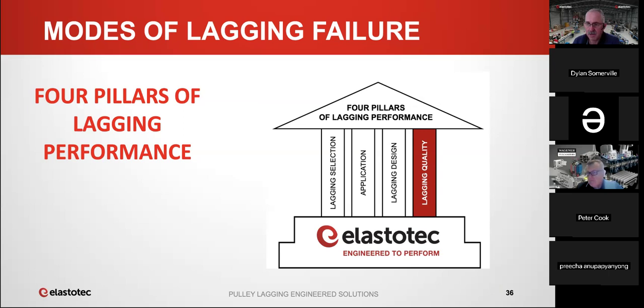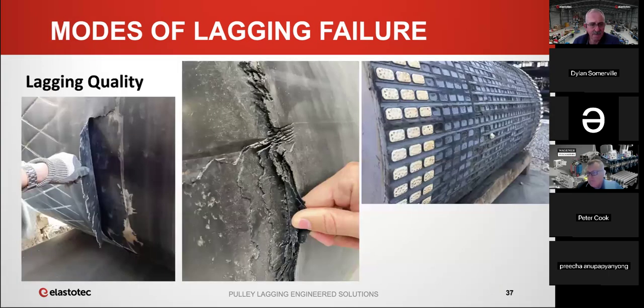I just want to have a look at two examples of poor quality. So the photo on the left and the photo on the right, this is hot vulcanized rubber lagging made from uncured sheet rubber. When they make uncured sheet rubber, it's made in layers or plies.